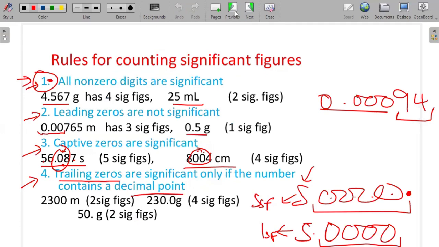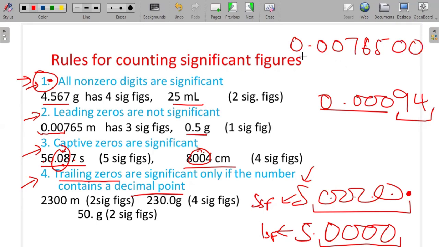On number two, if there were zeros in front of 5, like 0.00765, let's say there were 2 zeros in front, how would you treat them?